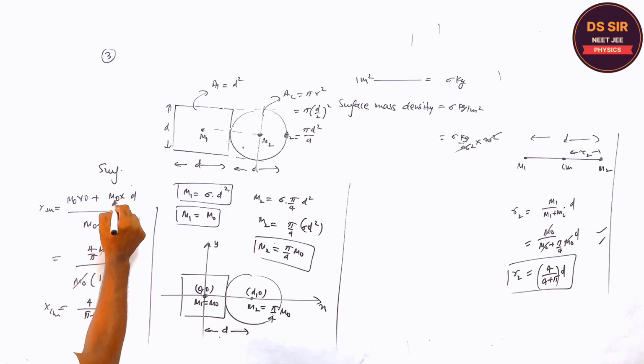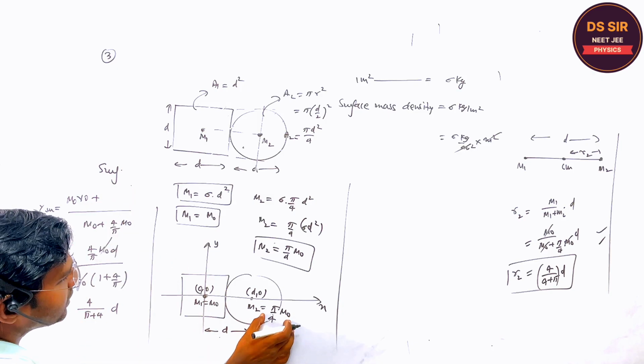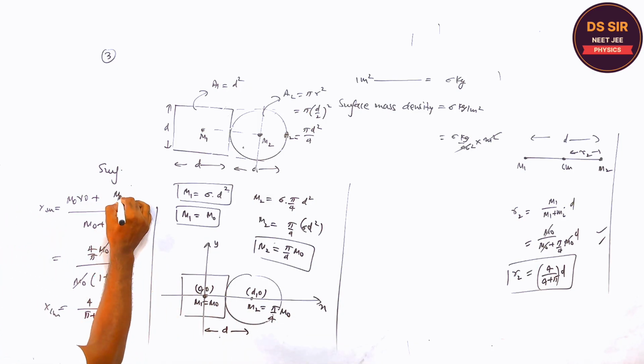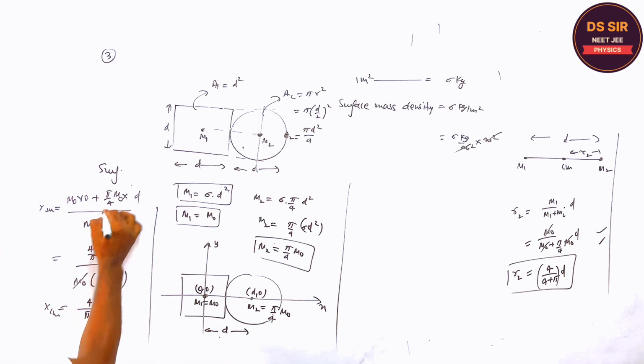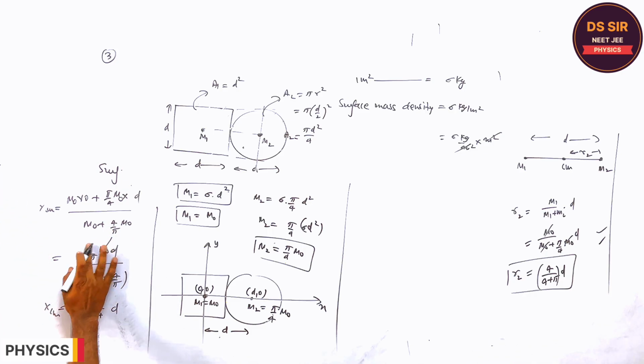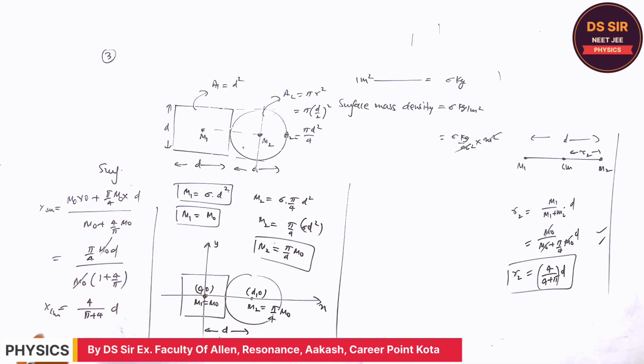The mass m0, and the mass pi by 4 m0, and what is the x coordinate? So this is correct. It is pi by 4. Is it clear or not? Yes, this is pi by 4. So this is pi upon 4 plus pi, into d, the x coordinate. Are you getting or not?